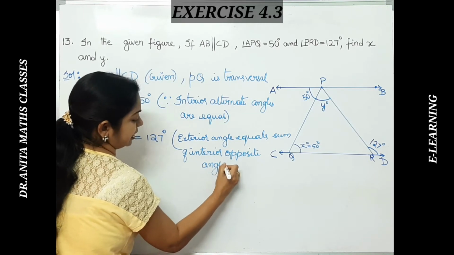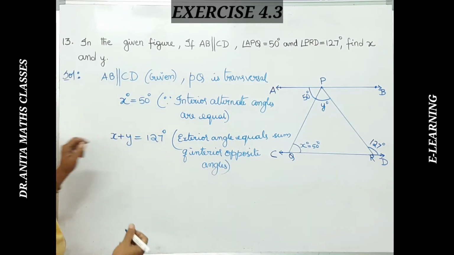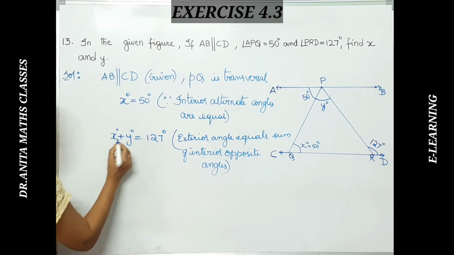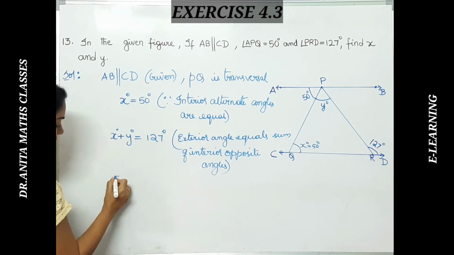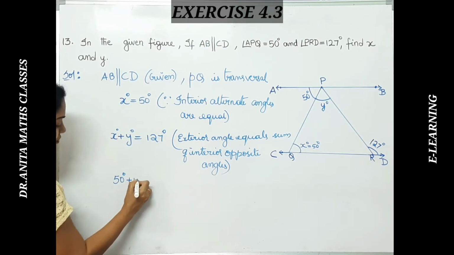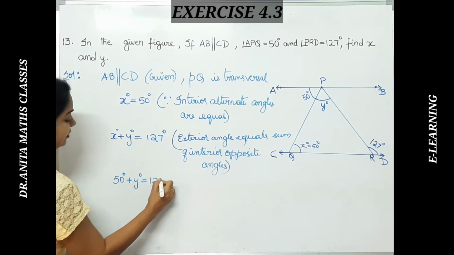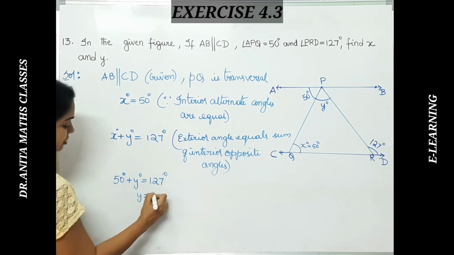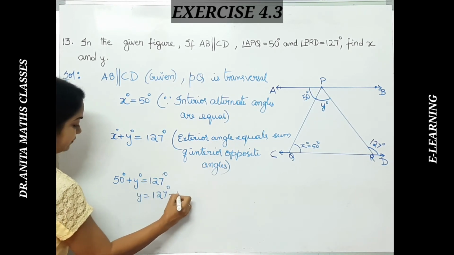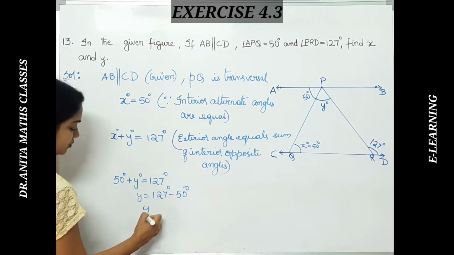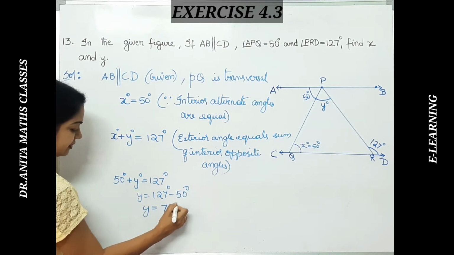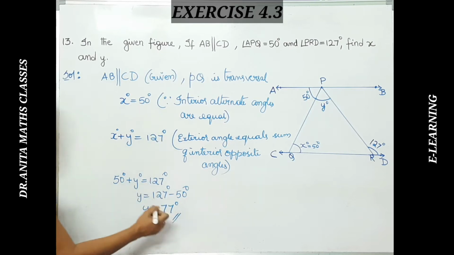So according to that axiom, X degrees plus Y degrees is equal to 127. We got X as 50, that we will substitute. 50 plus Y equals 127. So Y equals 127 minus 50. So Y is equal to 77 degrees. So X is 50 and Y is 77. Pause the video and note it down.